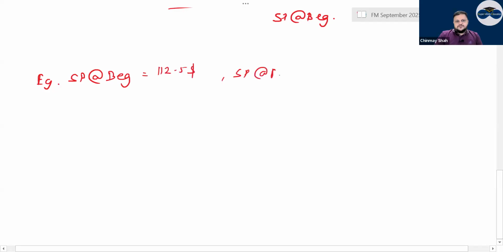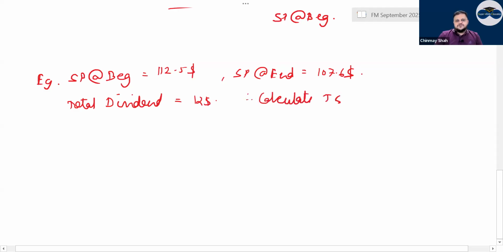Share price at end is $107.6. Total dividend is equal to $12. Therefore, calculate TSR. I am not going to do it now. Do it, chalo. You have the formula, you know the logic.